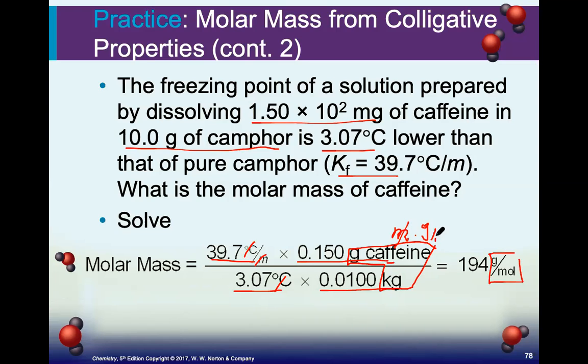I never looked at these units that carefully. I just trust the formula. So just remember that the mass of the solute has to be in grams, the mass of the solvent has to be in kilograms. And that will give you the grams per mole. So 194. And I think it's 190, maybe it's 194, 196.